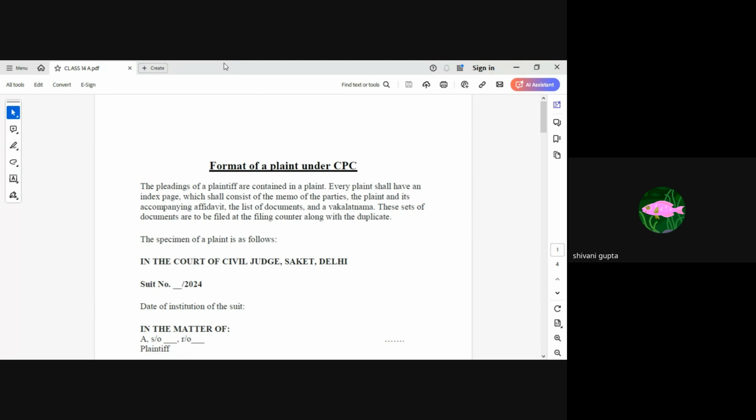Annexure means the attachments or things that accompany the legal document. And Nishtha, I will share the task in the group. Wait, I am just typing the task in the group.